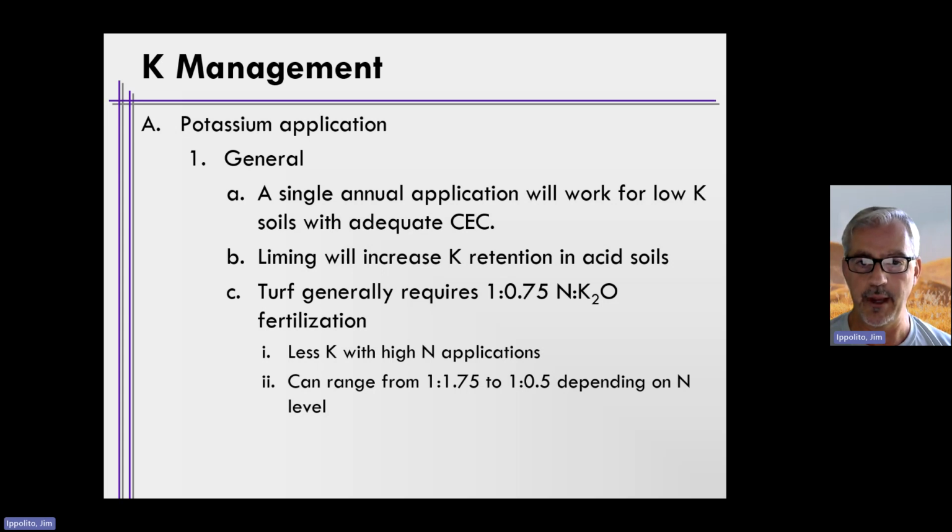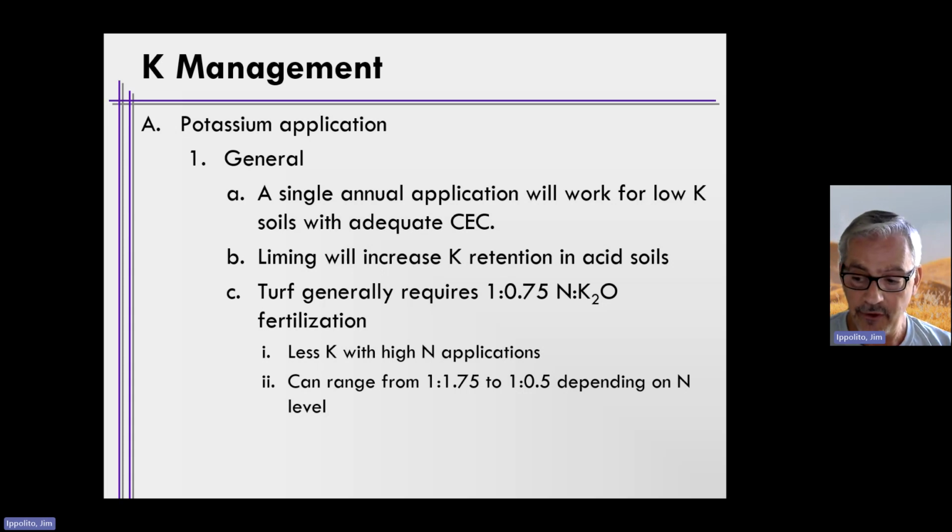So here's some general information. A single application of a fertilizer will work for low potassium soils with adequate CEC, simply because you can fill up the CEC sites quickly with soils that have low potassium and adequate CEC. Right? Single application should do this.